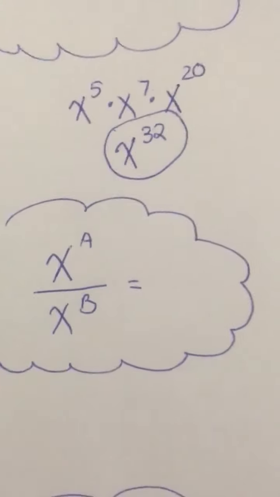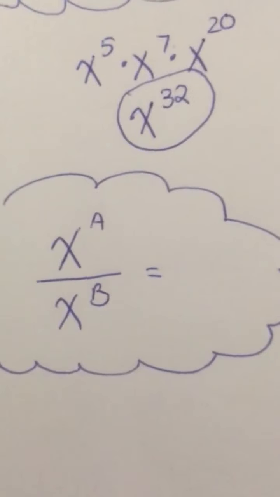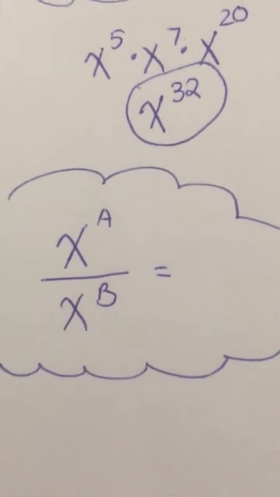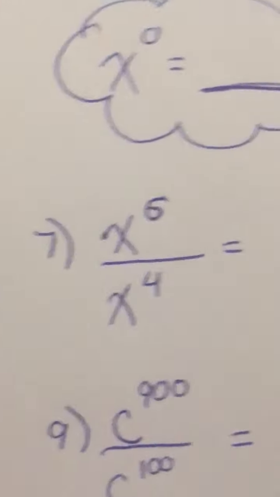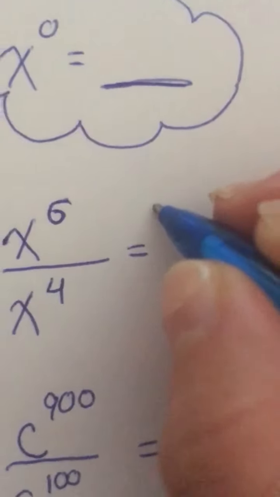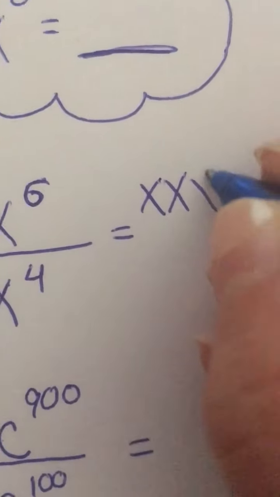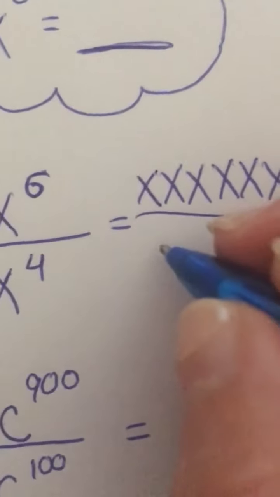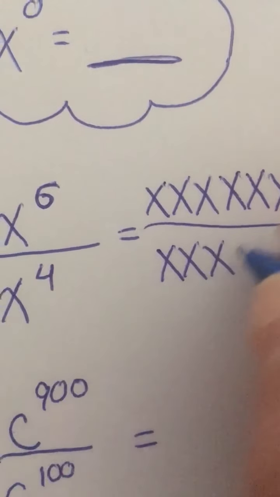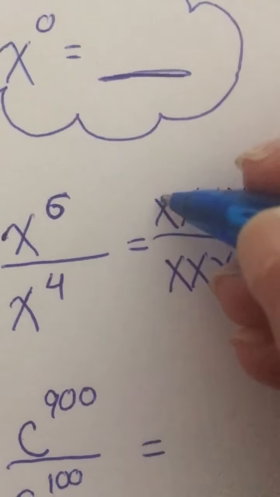Okay, when you have x to the a over x to the b is our next property. So when you're dividing, let's do the first example by writing it out. So we have 6 x's on top and 4 on the bottom. But once you know the rule, you do not have to write it out every single time. So there's your top, and then we need 4 on the bottom. And then cross them off when they cancel out to 1.